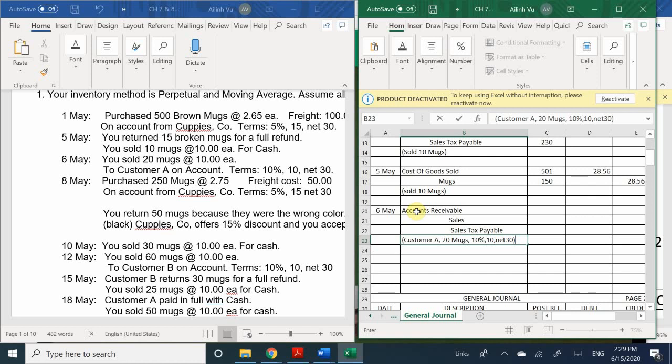All right. So now that we've finished that, what is my accounts receivable account number? 103. 103. Sales is 401. And sales tax payable is 230. Oopsies. Totally different number. 230.